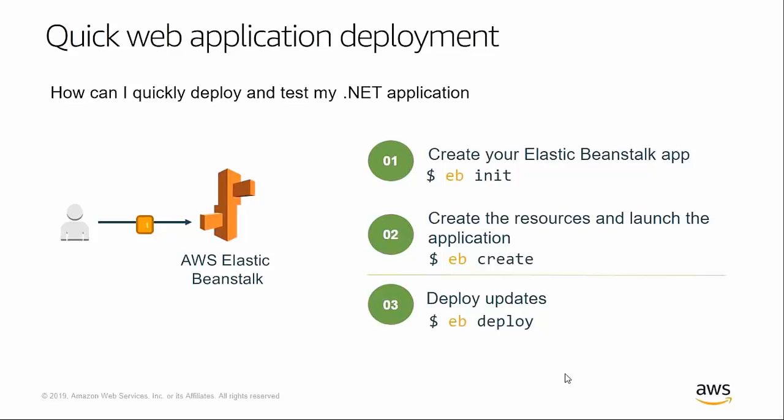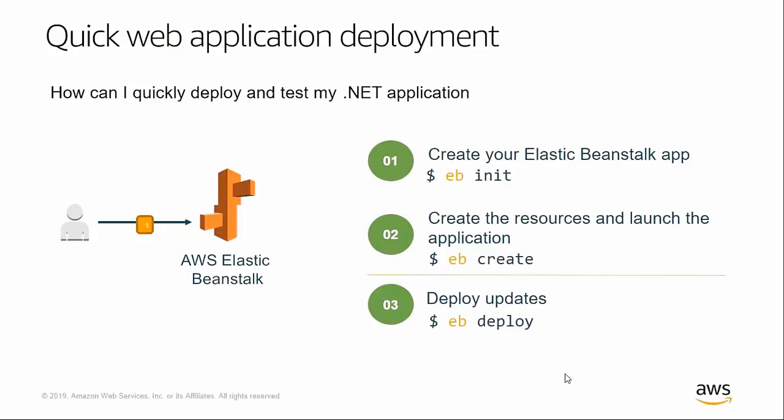The eb command line will package up all of your code within that project directory and send it to Elastic Beanstalk, and then do all of the provisioning and configuration of those resources. Within typically 3 to 5 minutes, you would get a response back with a URL that shows your application up and running live in AWS.